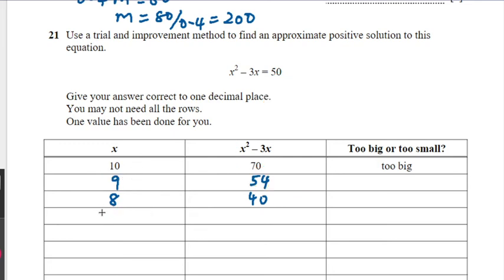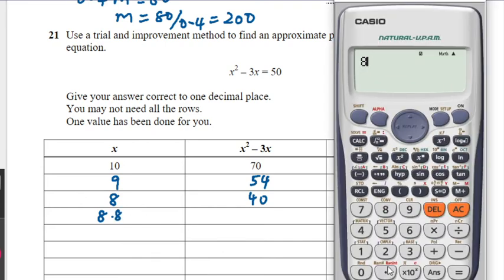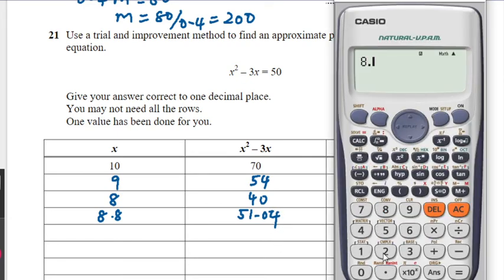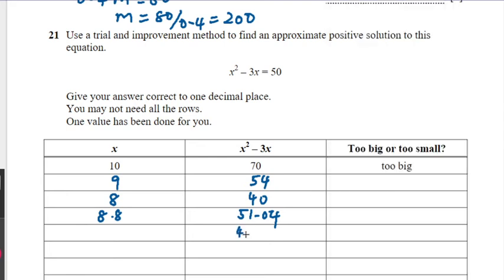Okay, we try maybe 8.8 first. 8.8 squared minus 3 times 8.8, 51.04. Wow, getting closer. Okay, maybe we can try 8.7 squared minus 3 times 8.7. What's that? 49.59. All right, that's good.